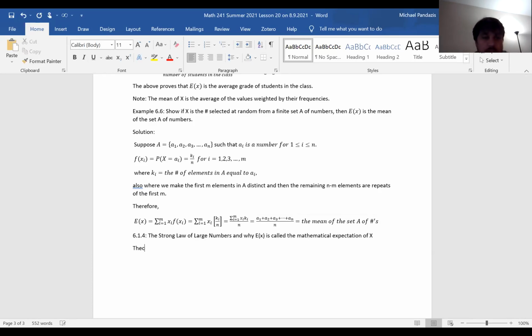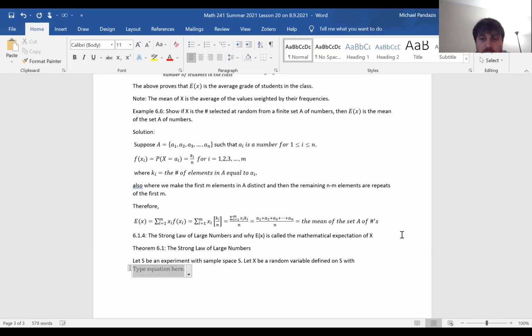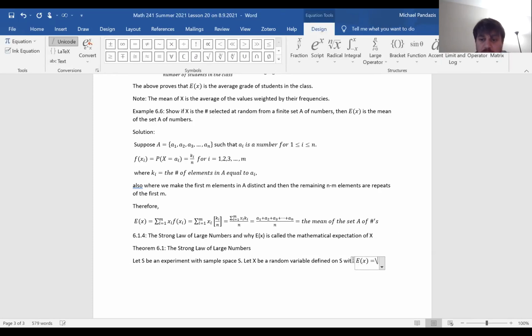Okay, so we start with Theorem 6.1, which is the strong law of large numbers. Let capital S be an experiment with sample space capital S. Let capital X be a random variable defined on capital S with E of X equaling mu.